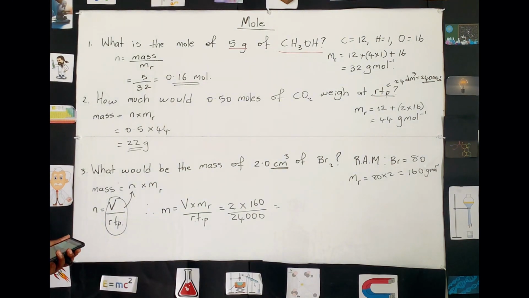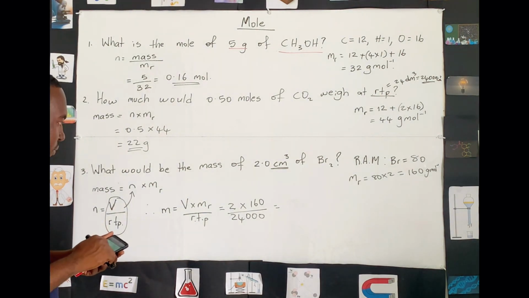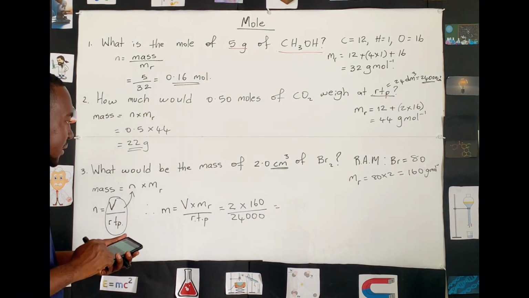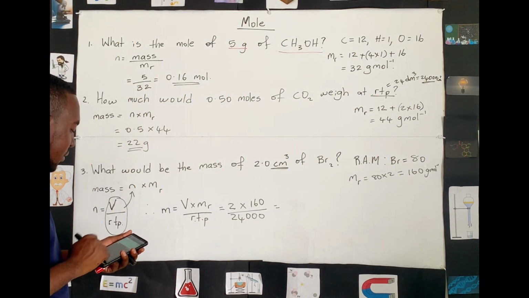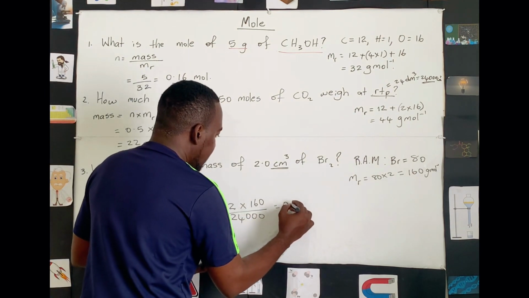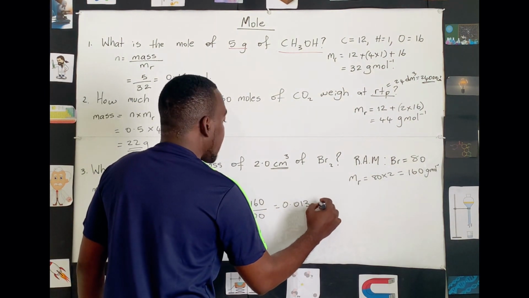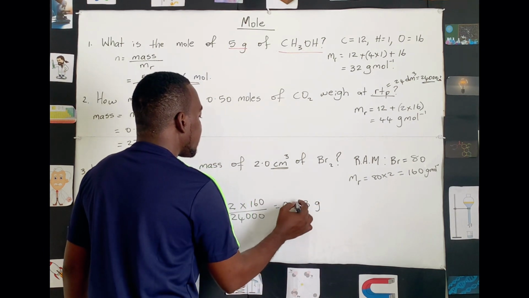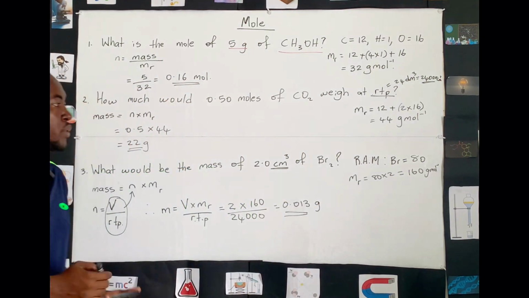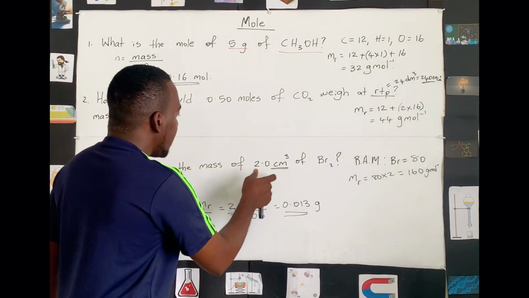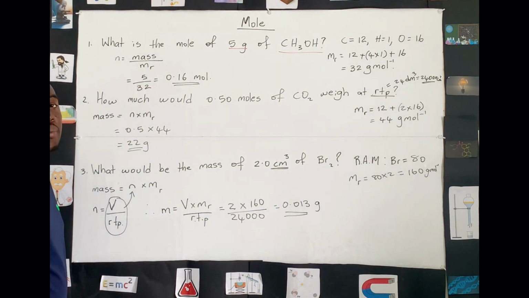So this would be 160 times 2, 320, divided by 24,000, which gives us 0.013 grams. So we have 0.013 grams of 2 cm cube of bromine gas at RTP.